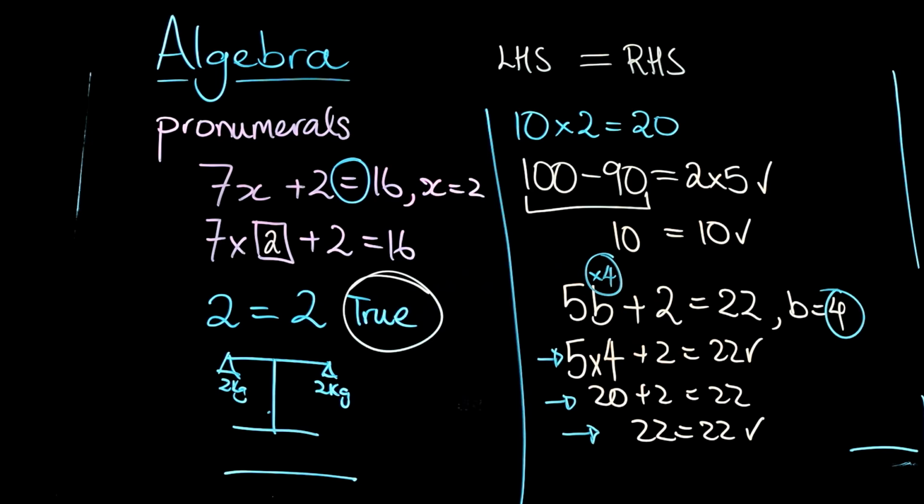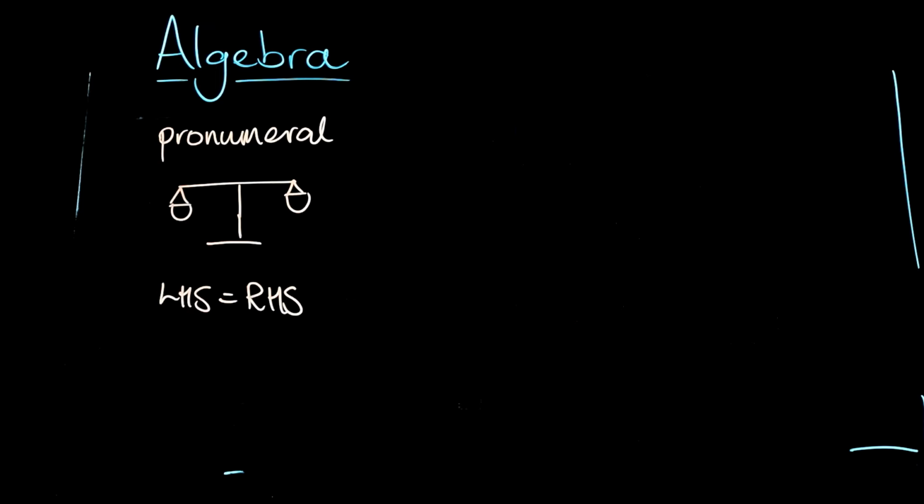So don't see it as being lazy, just see it as the game that you've been asked to play, and try and set things out this way. Now, some of the questions that you're going to be presented with are going to be asking you to write an equation. So they're worded questions, and they're really simple questions.